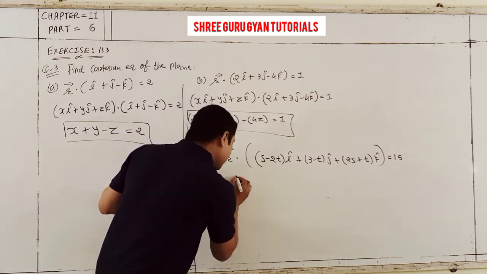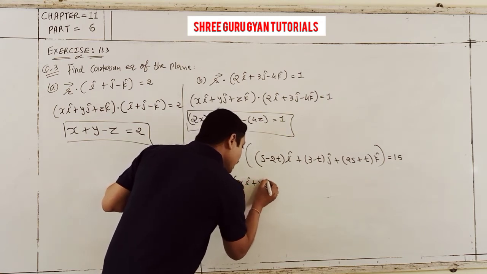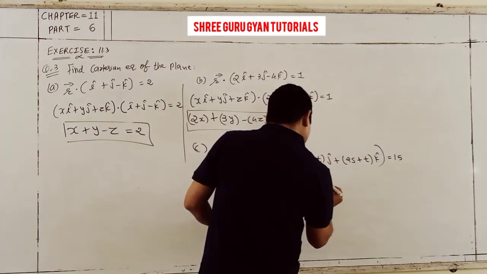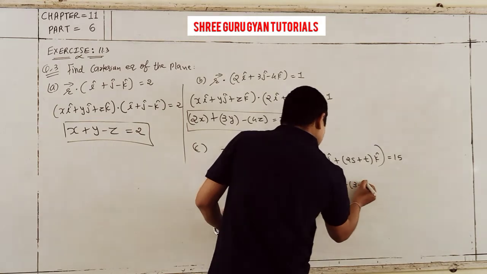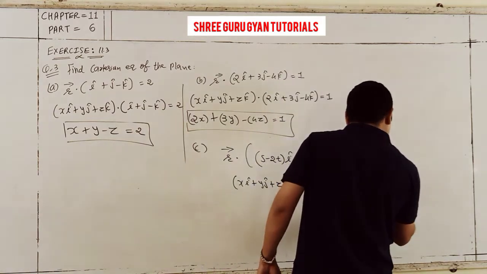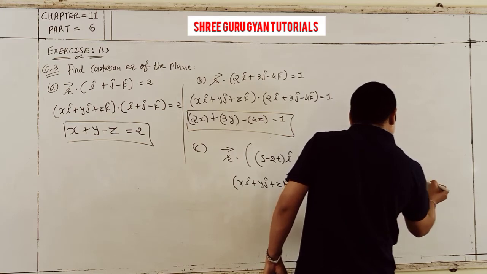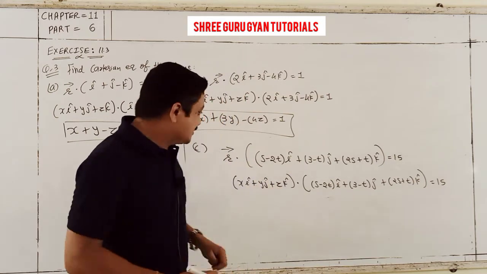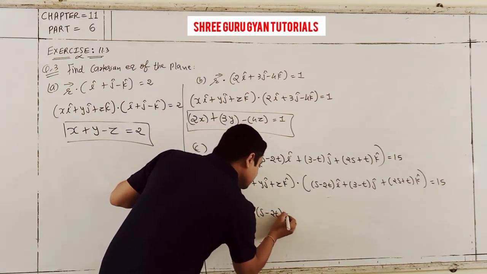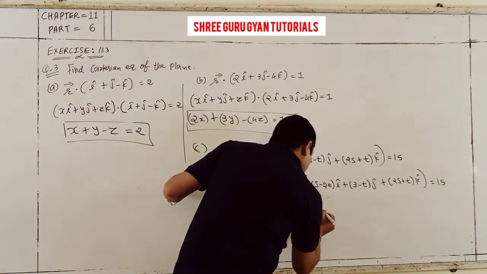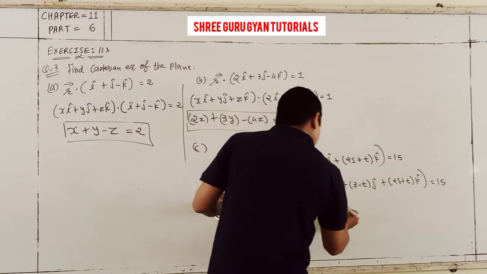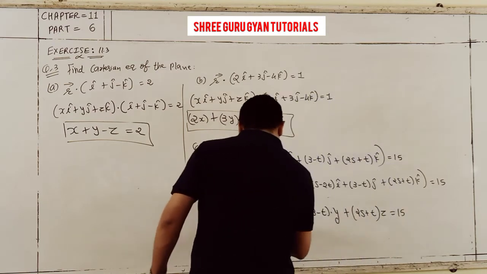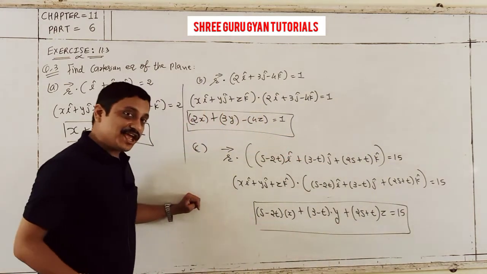So here r is xi plus yj plus zk dot (s minus 2t)i plus (3 minus t)j plus (2s plus t)k is equal to 15 as it is. Simple, first with first only dot product. So my answer is (s minus 2t)x plus (3 minus t)y plus (2s plus t)z is equal to 15, and that's your Cartesian equation of the plane.